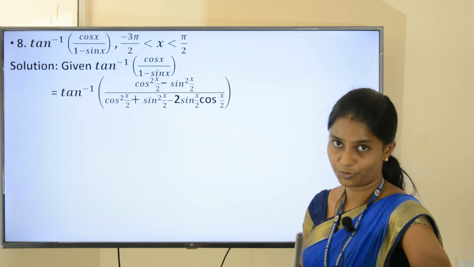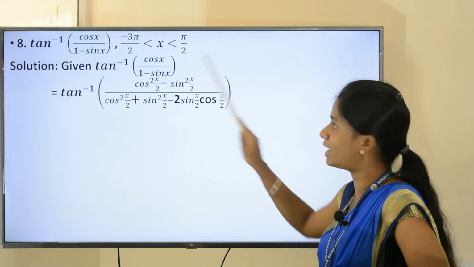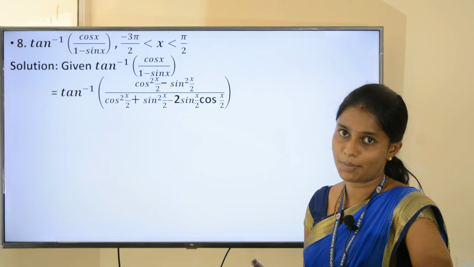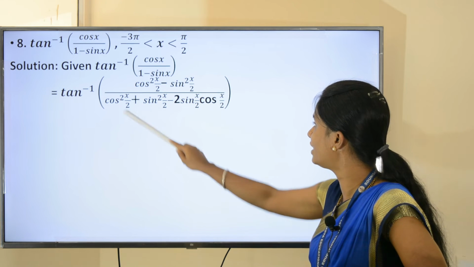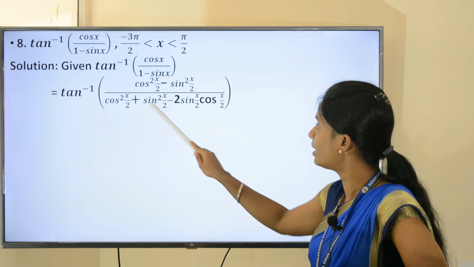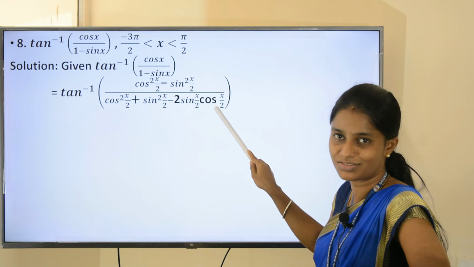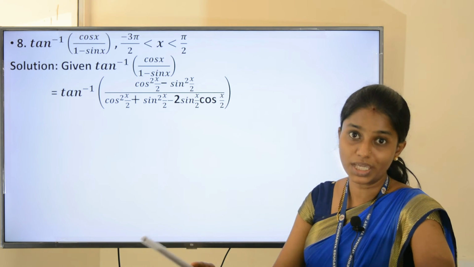Please observe here, I am going to apply the formula: a square minus b square can be written as a plus b into a minus b. The denominator is a square plus b square minus 2ab. So which formula can I take? That is a minus b whole square.